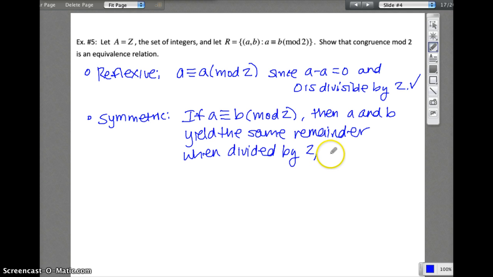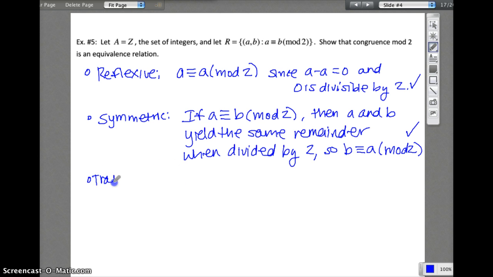Well, if they yield the same remainder when divided by 2, that means that b is also congruent to a mod 2. So switching the order there doesn't change what we're saying. Saying a is congruent to b or b is congruent to a, same idea. So this one is symmetric. So a minus b, if that's divisible by 2, b minus a is also still divisible by 2.